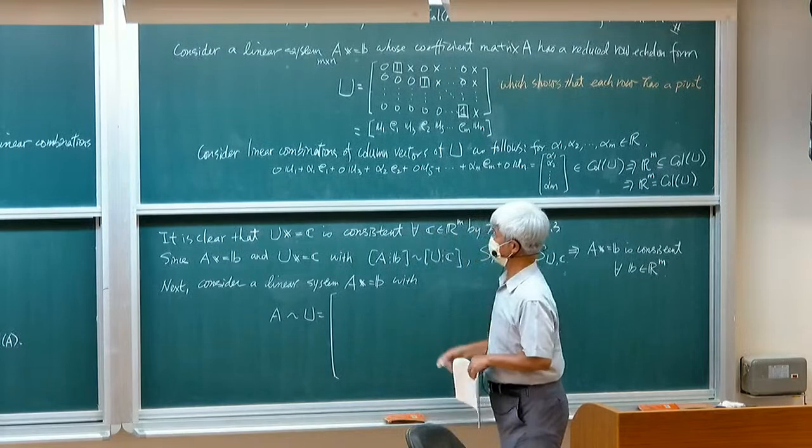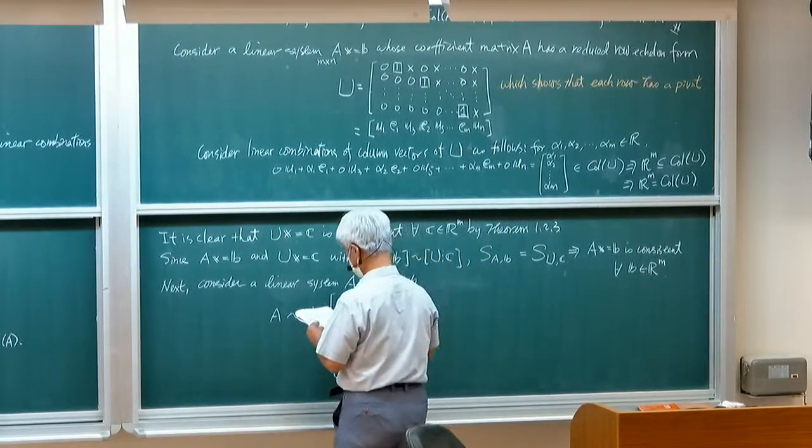Okay, so now A has a reduced row echelon form.